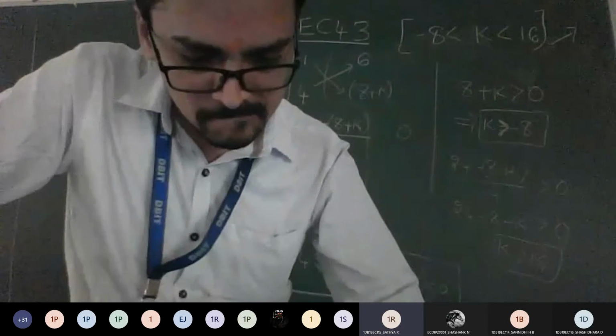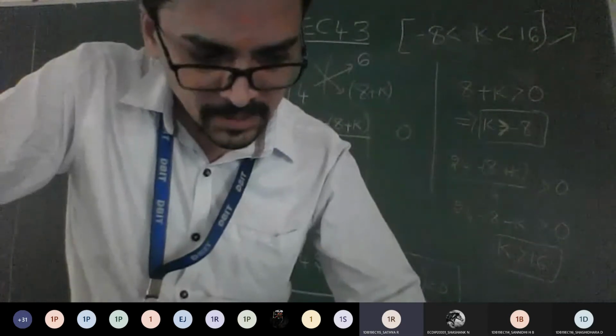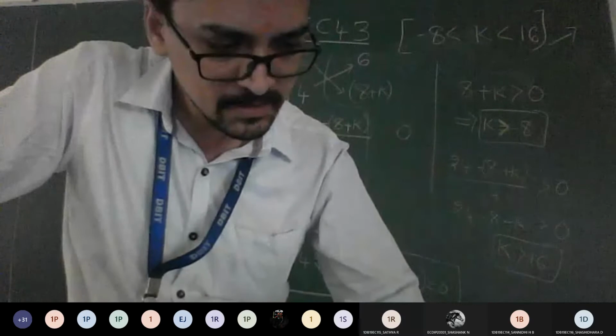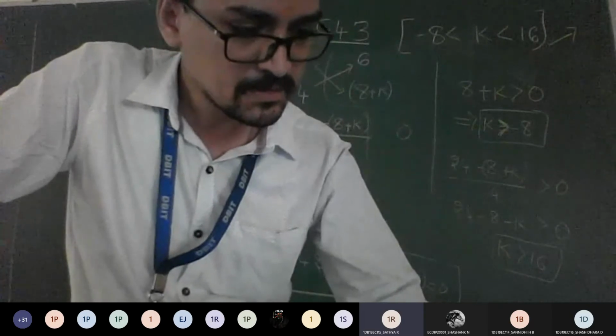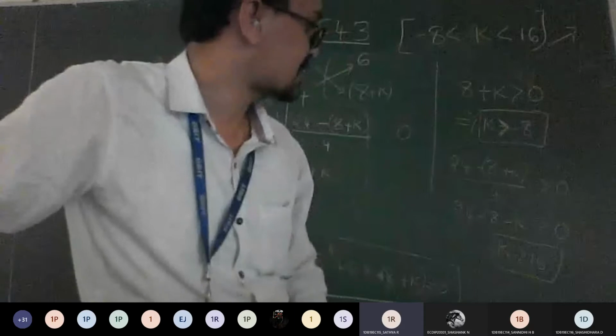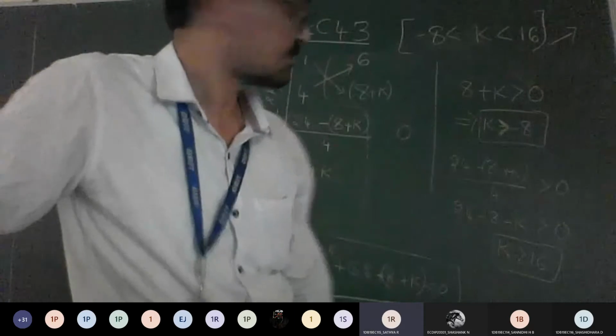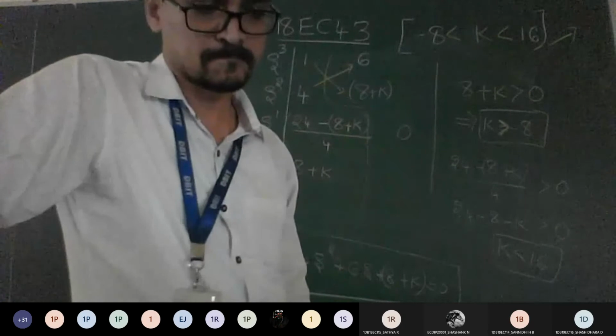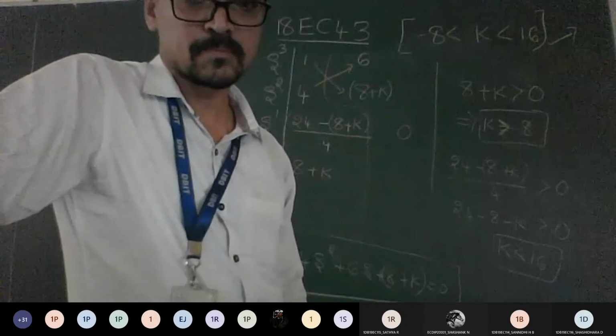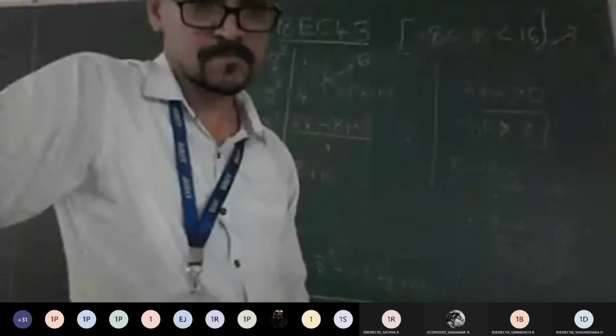K is greater than 16 you wrote, sir, but it should be k less than 16. Correct, it is less than, because minus will go that side, right? So the range is from minus 8 to 16. Is it okay?